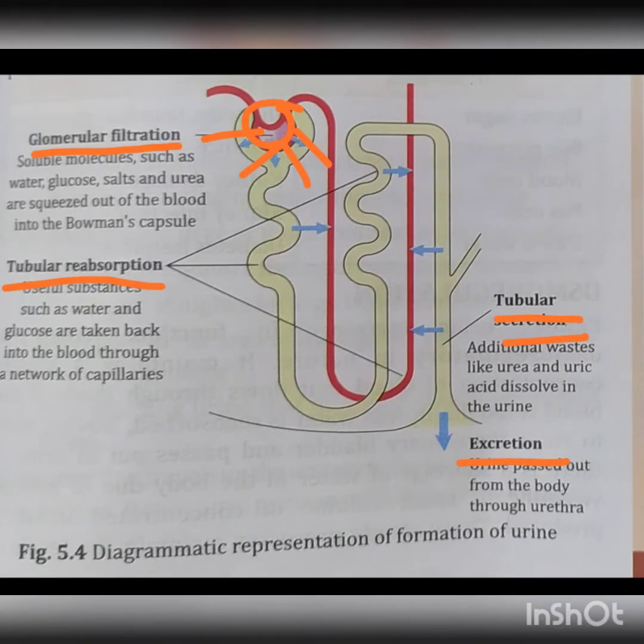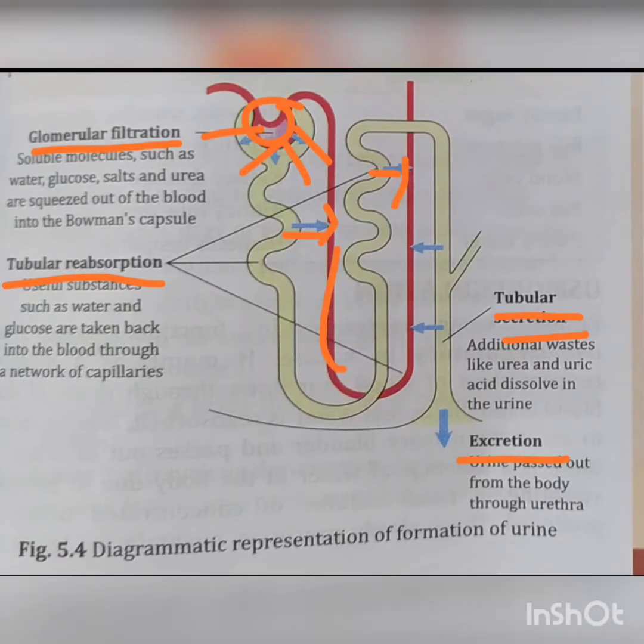The filtrate of the glomerulus passes through the thin wall of the Bowman's capsule and moves forward in the renal tubule, where the reabsorption of useful substances such as glucose, amino acids, water, and inorganic salts takes place by the renal blood capillaries.